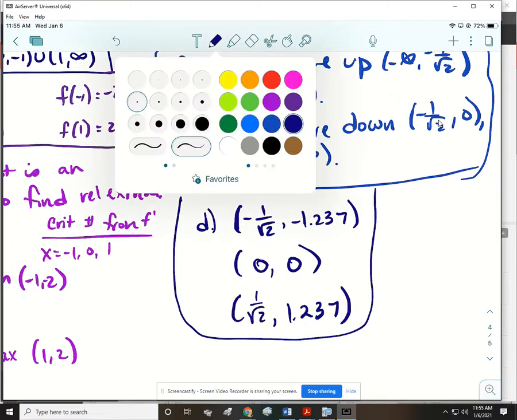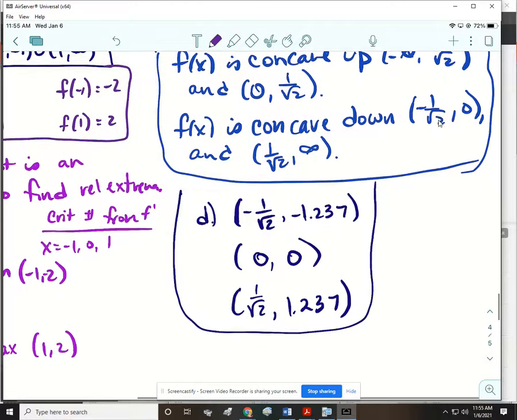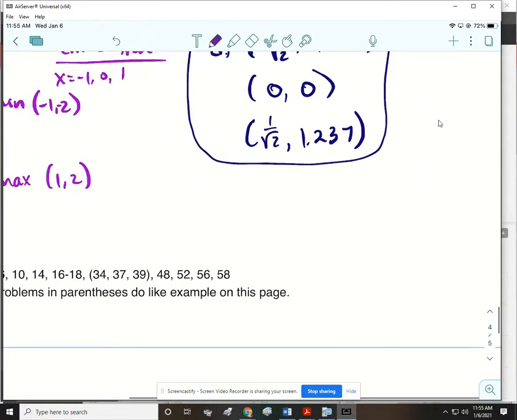Right, and then finally, we are going to do a graph, and this is just a graph straight out of our head. So for E, let's start with relative maximum and relative minimum.